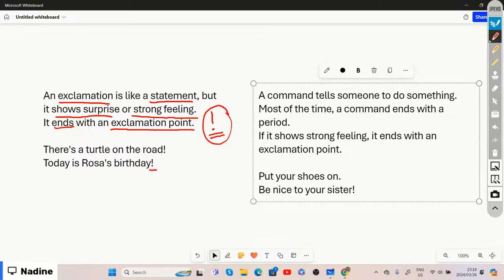There's going to be jumping castles, there's going to be cake, there's going to be decorations, there's going to be party packs, and all of your friends are going to be there, right? So you are excited. So an exclamation also shows strong feelings. It shows excitement. It shows when you are happy or when you're extremely sad or when you're frustrated or when you're angry, right? So that is an exclamation.